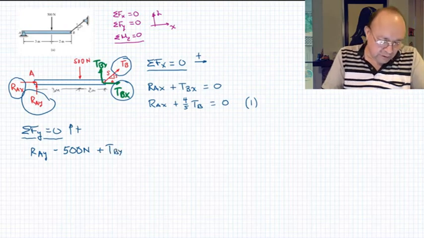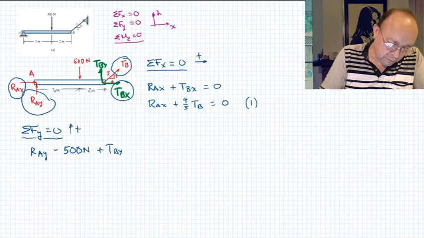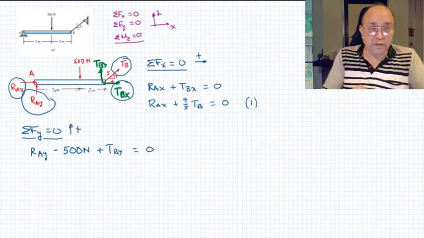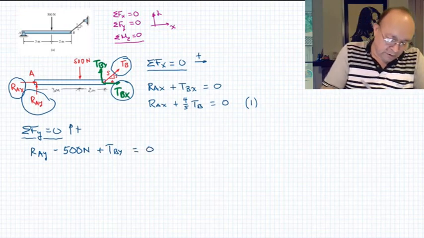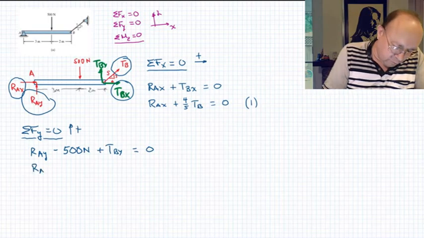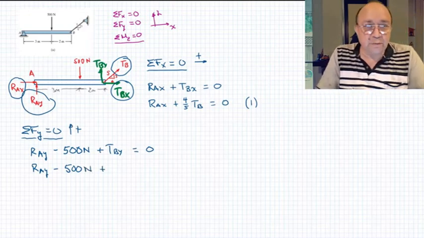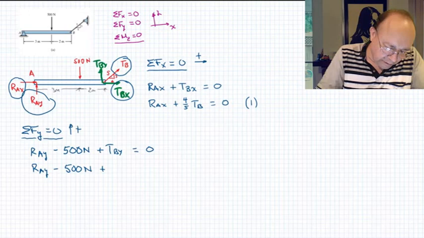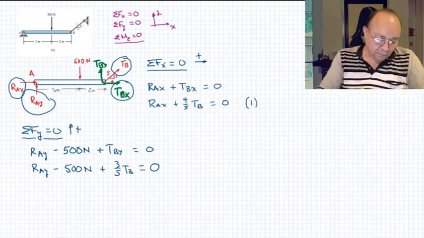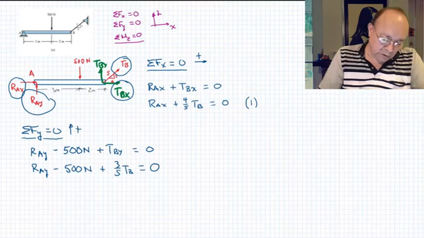There are no more forces in the vertical direction, so I set this summation equal to 0 to guarantee equilibrium. So here I will have RAY minus 500 newtons plus TBY, which can be expressed in terms of TB as the vertical component of TB, so it will be 3 over 5 TB equals 0. That will be our second equation.